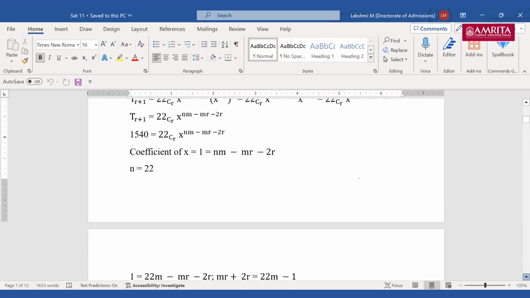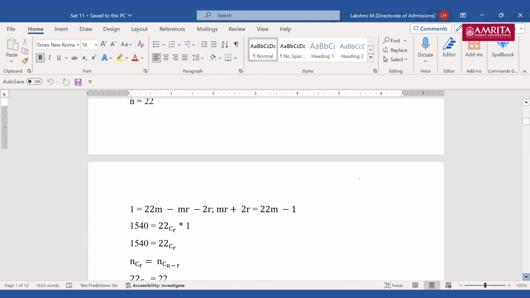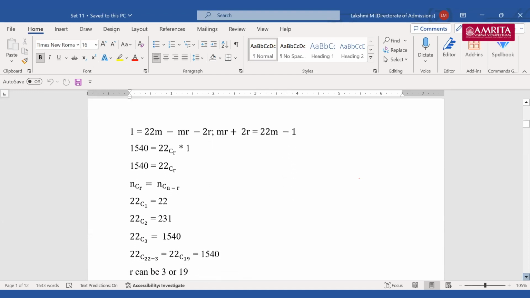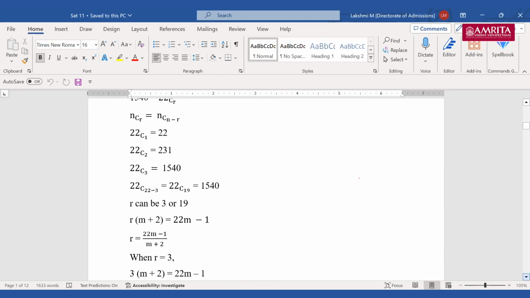We already have n, it's 22. I started with 22C1, 22C2, randomly worked on it and got 22C3 is 1540. I know there is another possibility, which is 22C(22 minus 3), so I got 22C19. So there is 3 and 19.